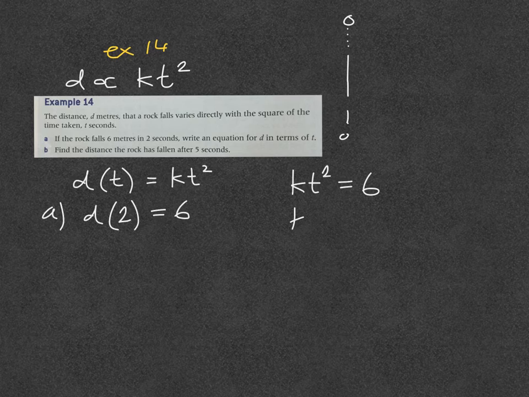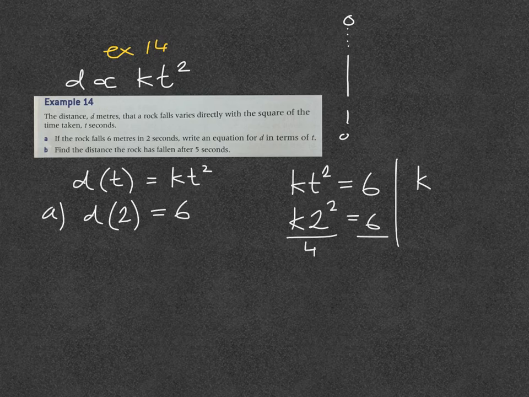And we also know the time. It's k times 2 seconds to the power of 2 equals 6. So we want to find k. And if we divide by 4 on both sides, we find that k is 6 divided by 4, which is 1.5.